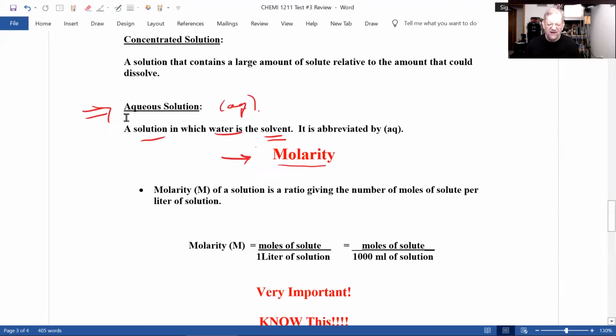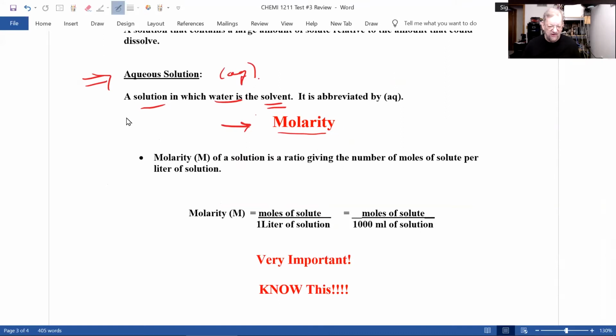Molarity is indicated by a capital M. It's moles of solute per 1 liter, but in a lab we use 1,000 milliliters. So you should know how to use this.